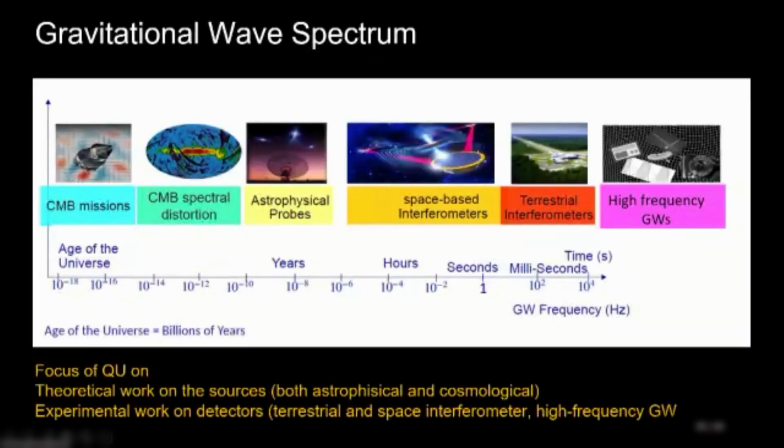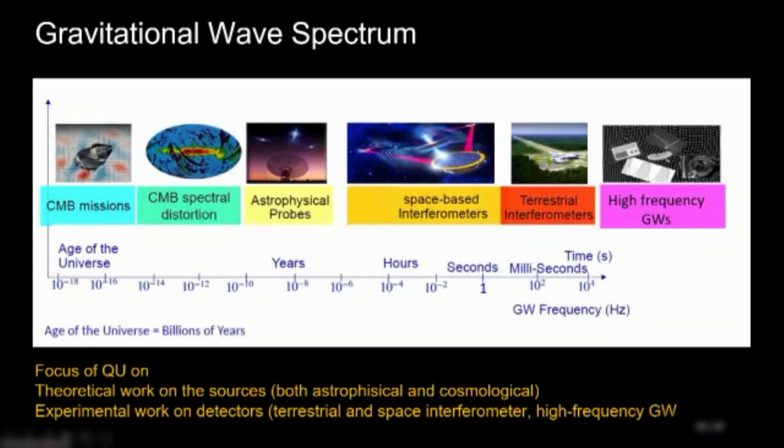We have measured them with terrestrial interferometers in the range of a few hertz, a few hundred hertz. We have also had the first astrophysical observation with nanograv in the nanohertz frequency range, and this has boosted what we now call gravitational wave astronomy, the possibility to look at our cosmos, at our universe, and search for gravitational waves coming from different sources.